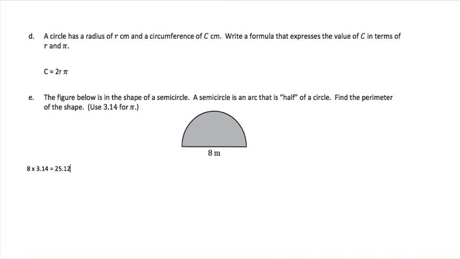It's 25 and 12/100ths, which we're going to then divide by 2, which will be 12 and 56/100ths. But then don't forget, we're looking for the perimeter of the shape, and the diameter across the bottom is also part of the perimeter. So we'll need to then add 8, giving us a total of 20 and 56/100ths, and our units are meters.